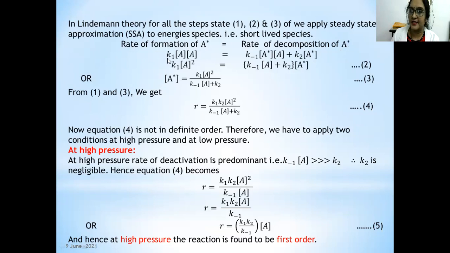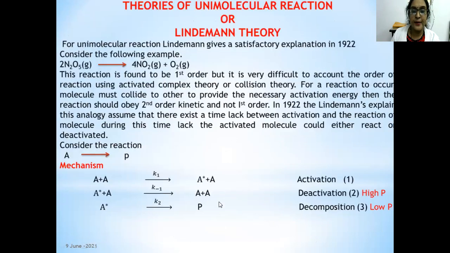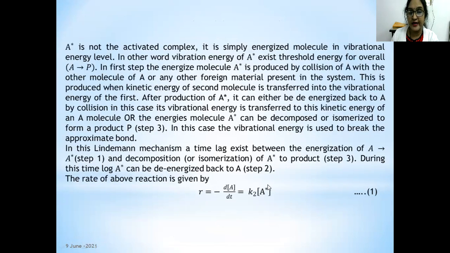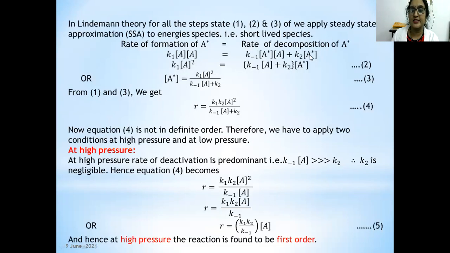In the first step it is formed, so K1 into the concentration of A into the concentration of E. But in step 2 and step 3 it gets decomposed, that is K minus 1 into the concentration of A star into the concentration of A, plus K2 into the concentration of A star. What we have to find out is the concentration of A star.